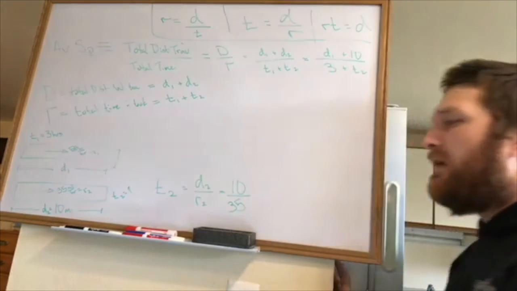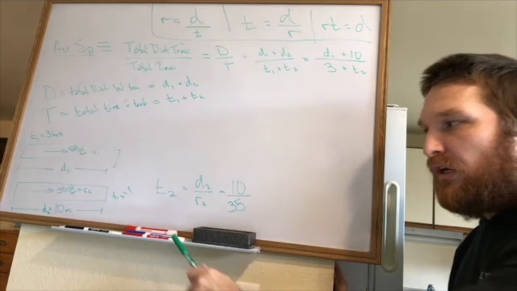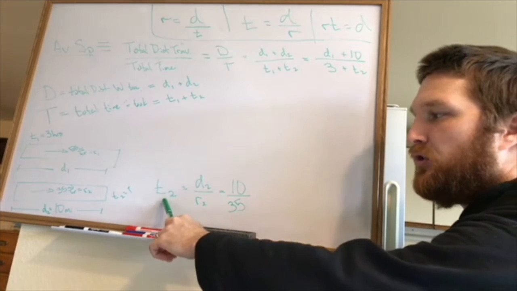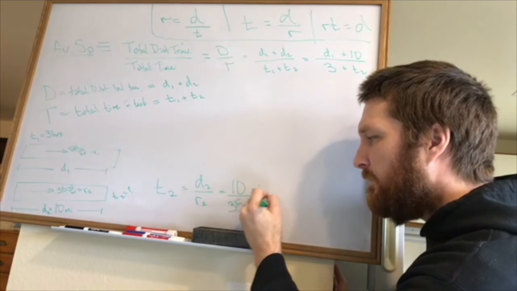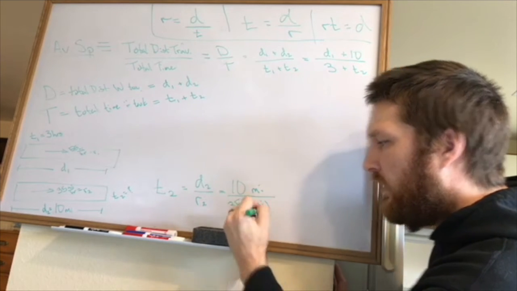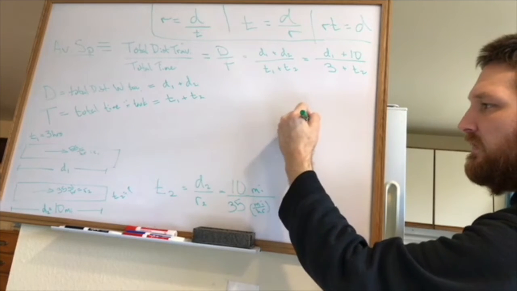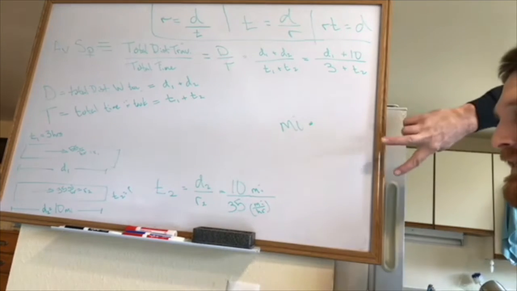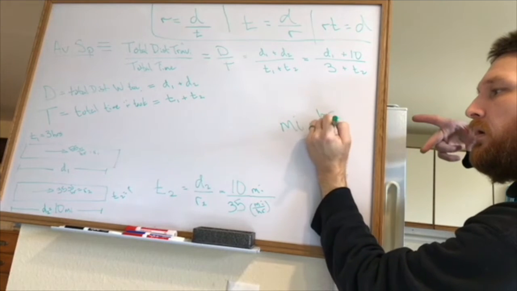35 miles per hour. Now, an interesting thing to note is we could kind of check ourselves here. We're looking for a time, right? That time should be in hours. And we took 10 miles and divided by miles per hour. And what do you know? Miles divided by miles per hour is the same thing as multiplying by the reciprocal, hours per mile.